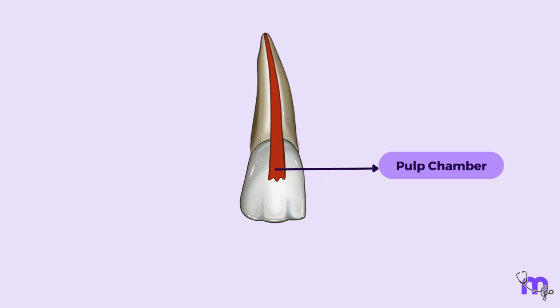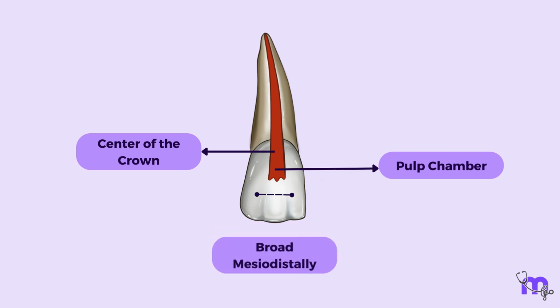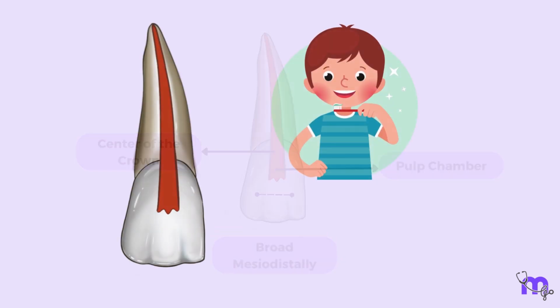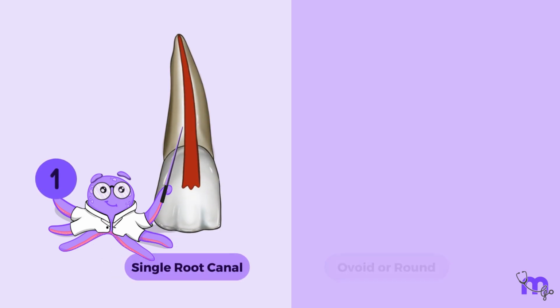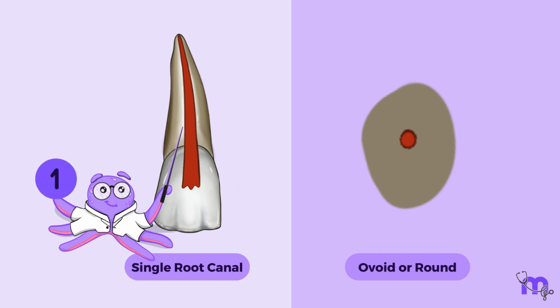The pulp chamber of a maxillary central incisor is located in the center of the crown and is mesiodistally broad. In young patients, there may be the presence of 3 projections or pulp horns corresponding to the mamelons on the incisal edge. It usually has one root with one straight root canal that is ovoid or round in cross section.